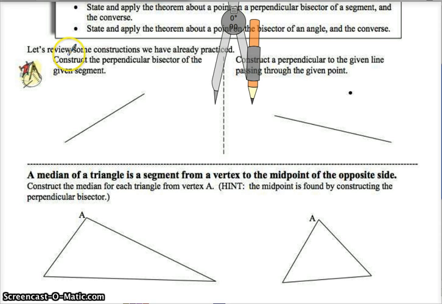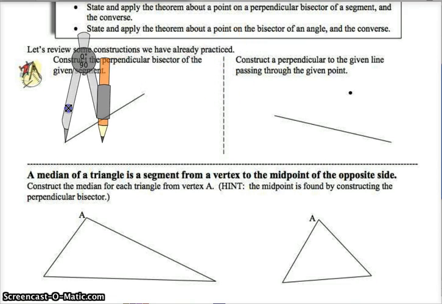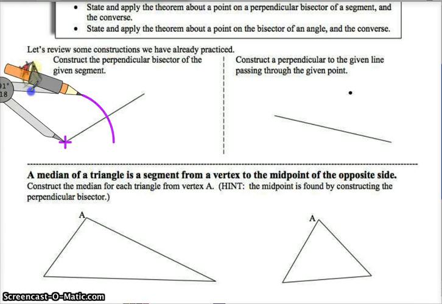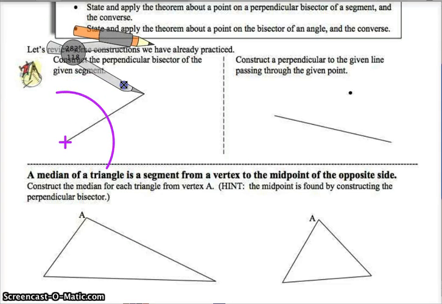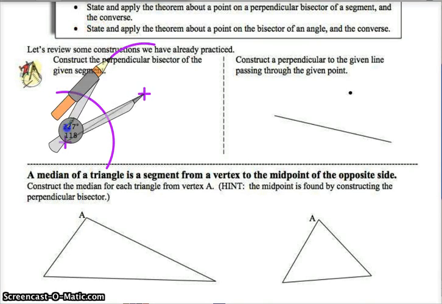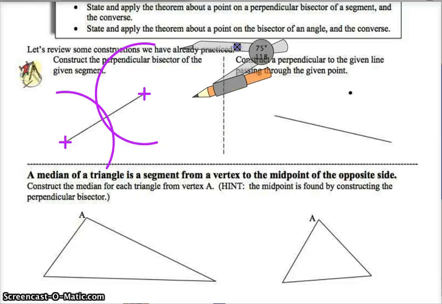So here, construct the perpendicular bisector of the given segment. Remember, you put your compass on the end point of the segment, and then you make your arc. Then I go to the other end point and make my arc.